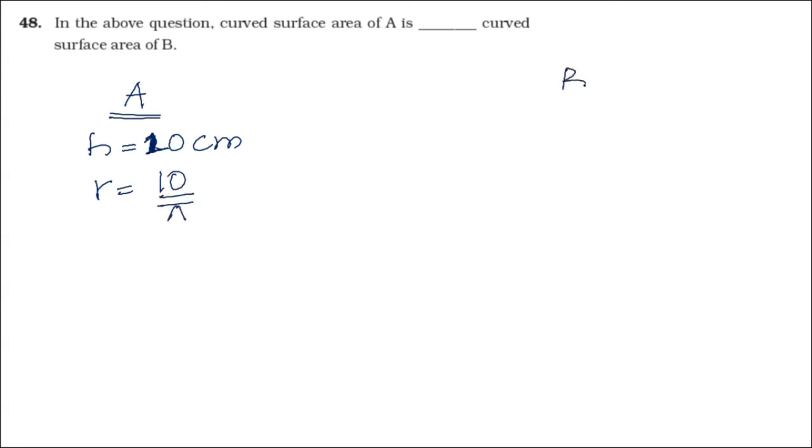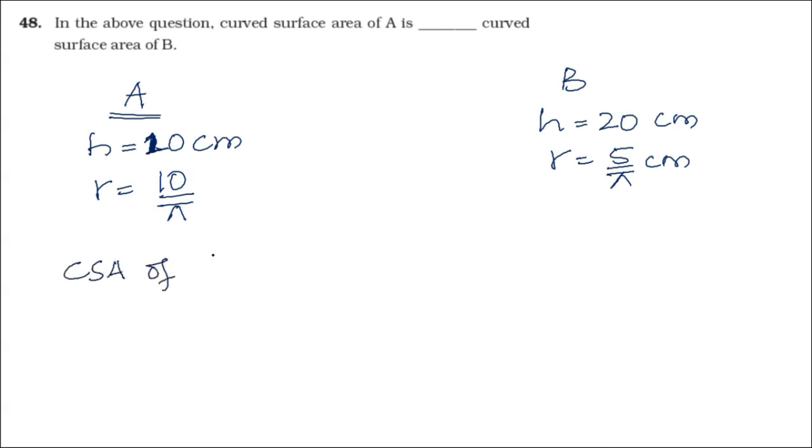For figure B, the height is 20 centimeter and the radius is 5 by pi centimeter. When these two are the radius and height respectively, we can find out the curved surface area.